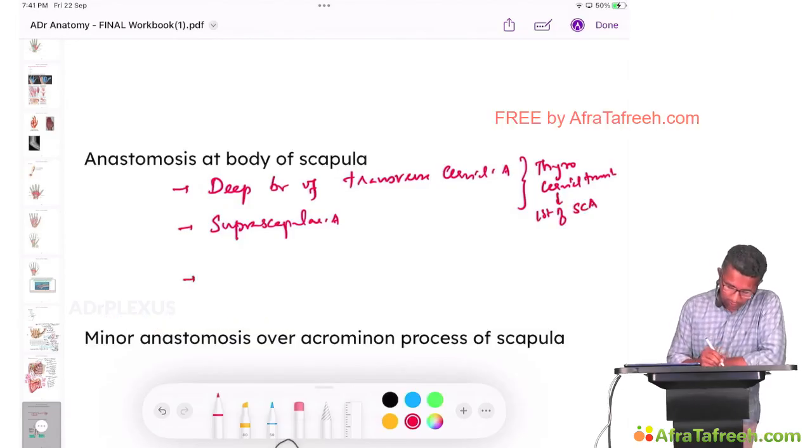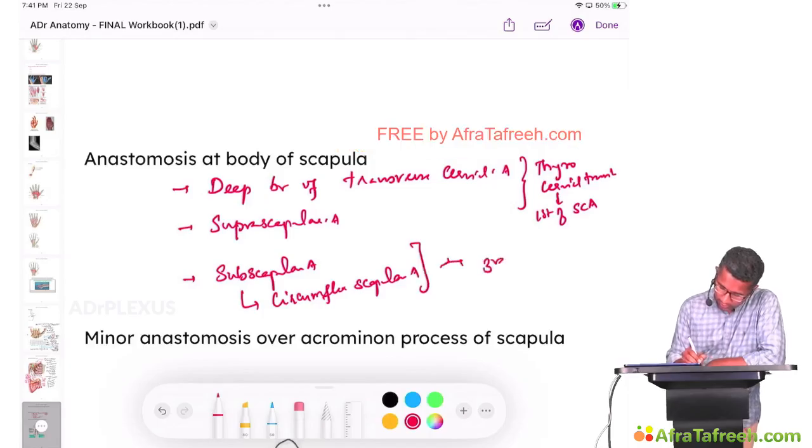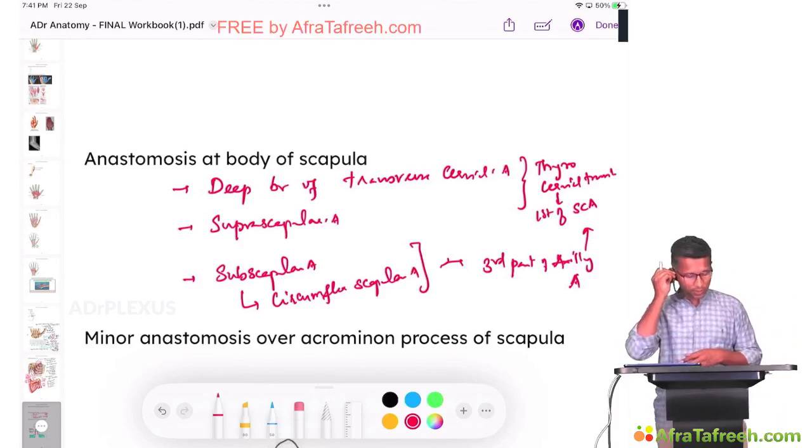The third part of the axillary artery gives rise to the subscapular artery, which forms the circumflex scapular artery. This is from the third part of the axillary artery. So you can see such a good anastomosis occurs between those two. The anastomosis around the body of the scapula is important for that reason.